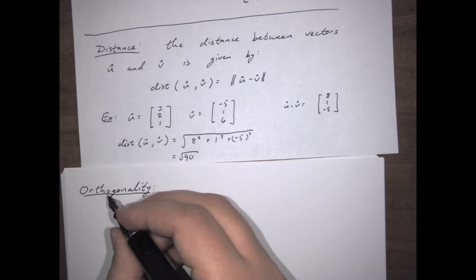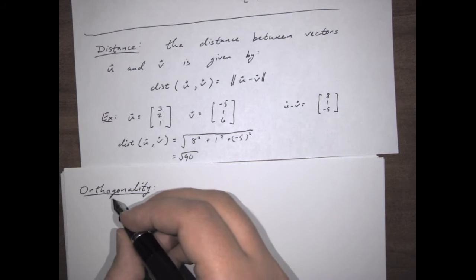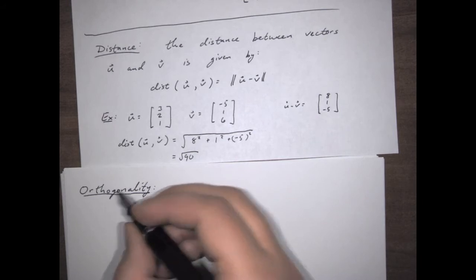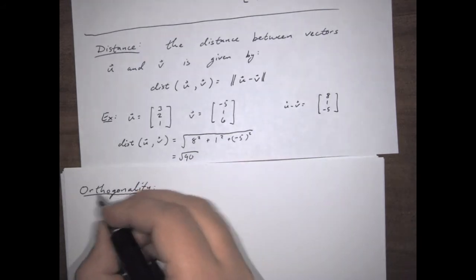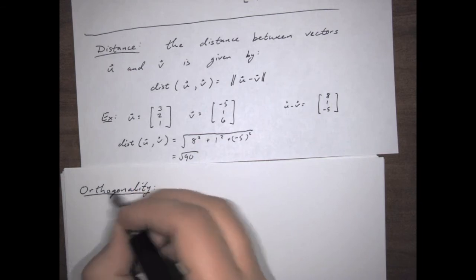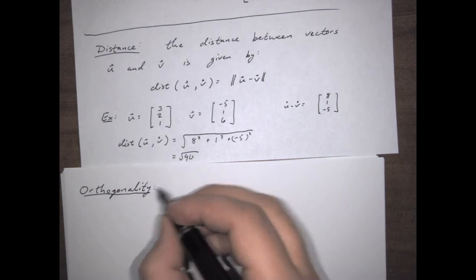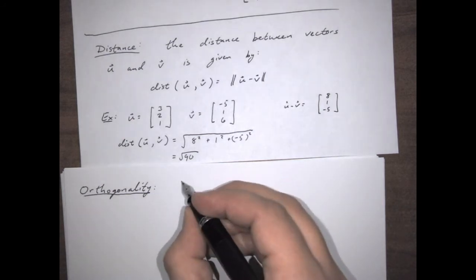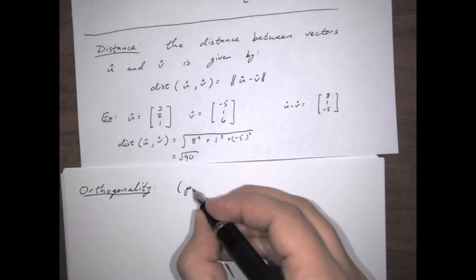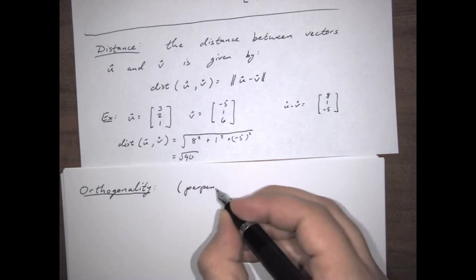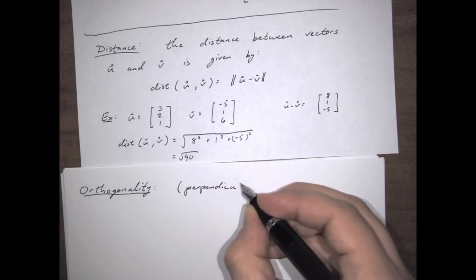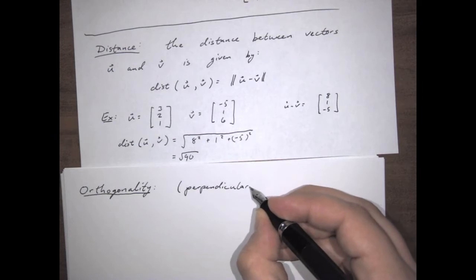Orthodontist is somebody who straightens out your teeth. Orthopedic straightens out your feet, things like that. So ortho means straight or right. Gon means angle, like polygon. So this means right angledness. So this means perpendicularity.